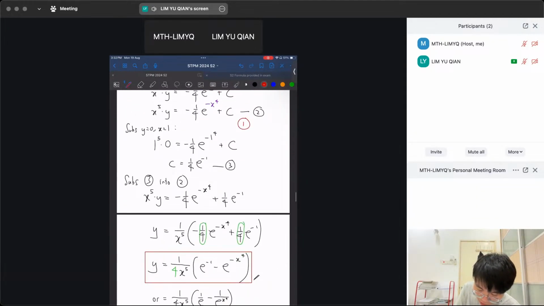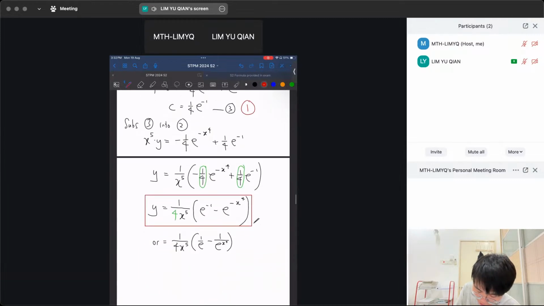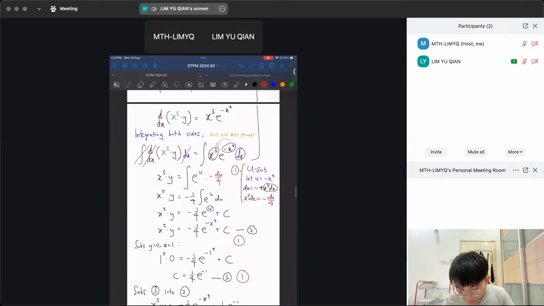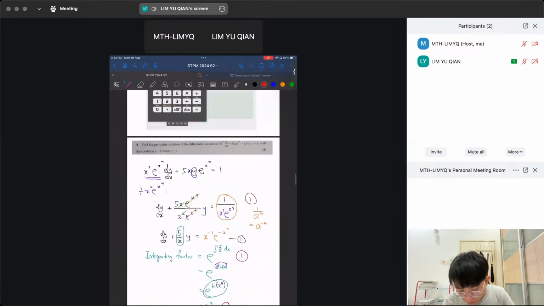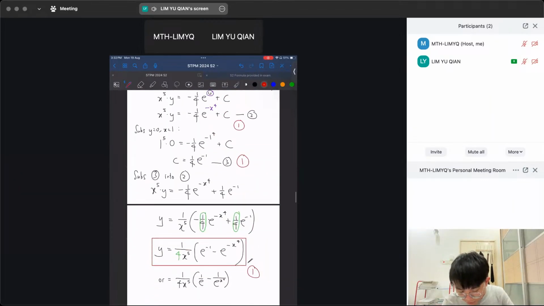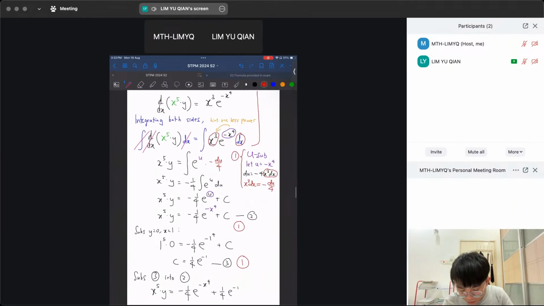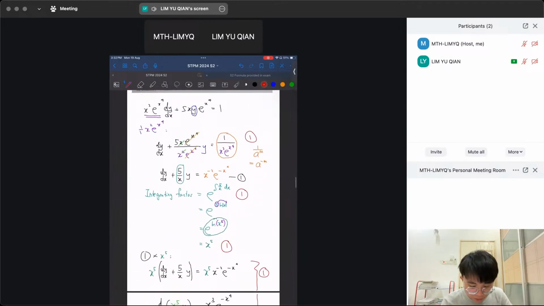Then substituting to get the value of C, and lastly get your final answer. So that's good. So there will be 8 marks for it.